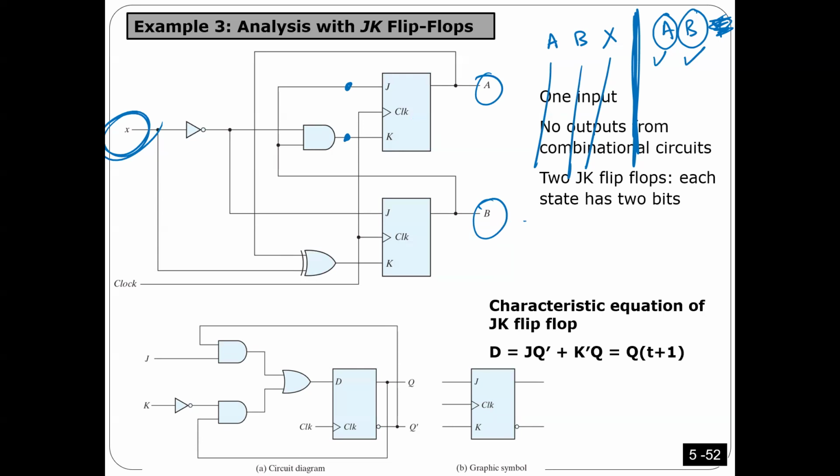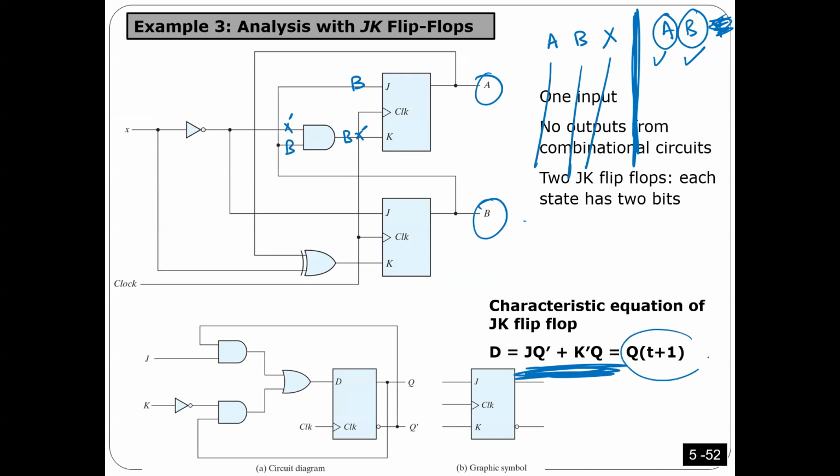Okay, let's do it. For example, here J is coming from B, so J here is equal to B. Now let's look at K. Here this one is X prime and this one is B, so K is B and X prime.